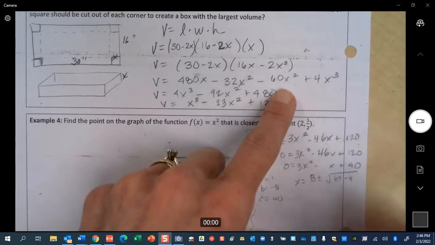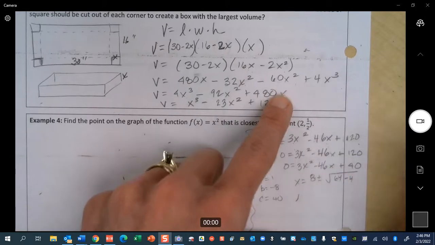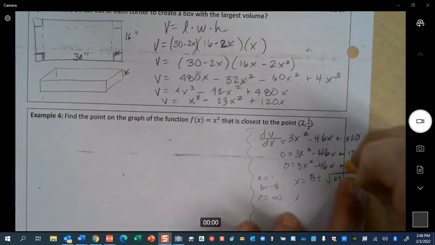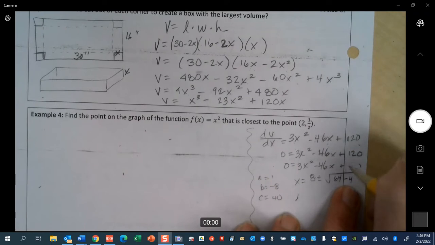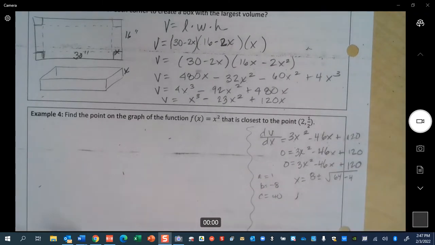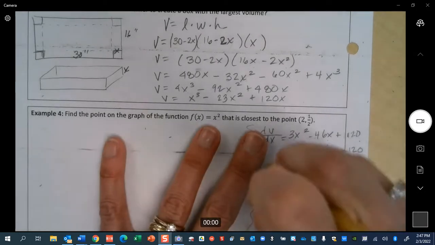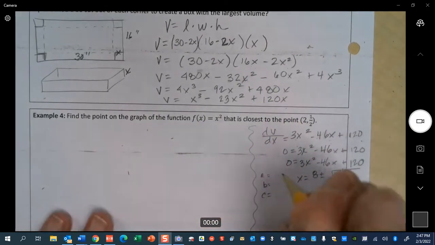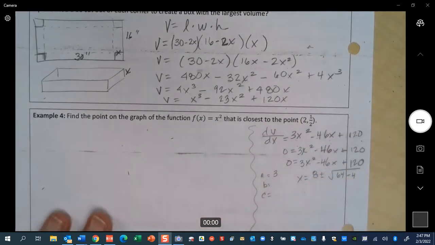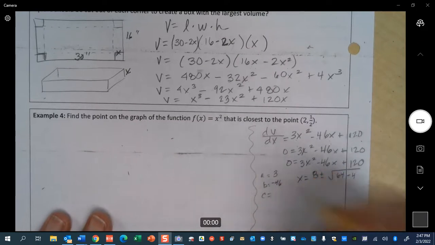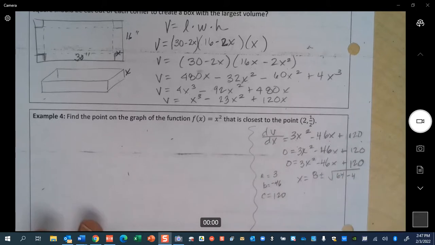This stays 46x. And this stays 120. So my A is 3. My B is negative 46. My C is 120.